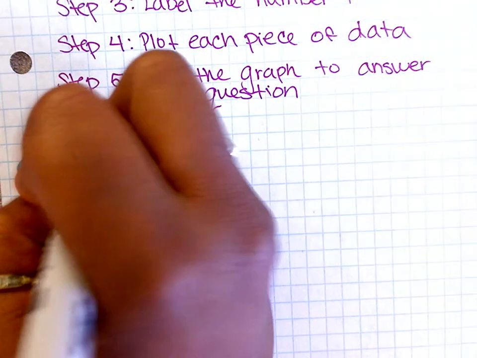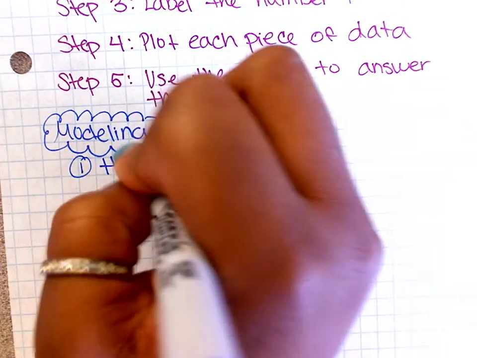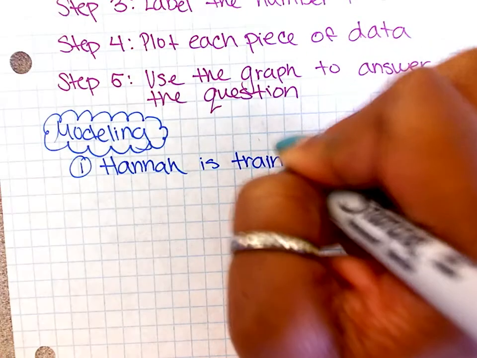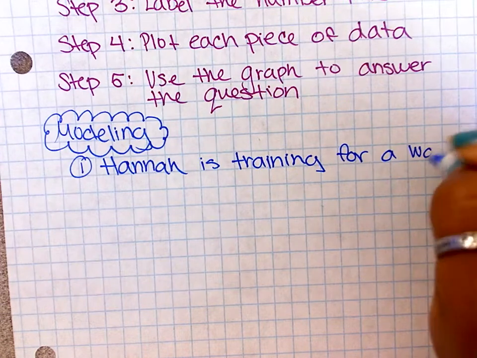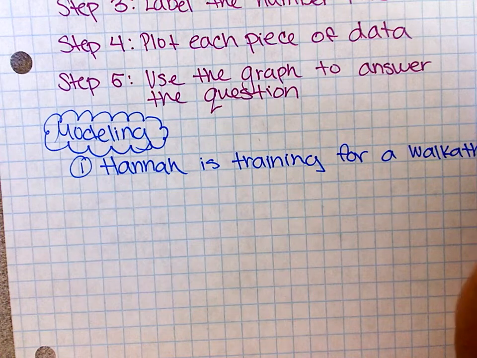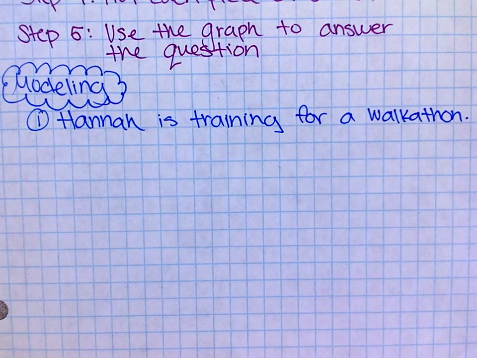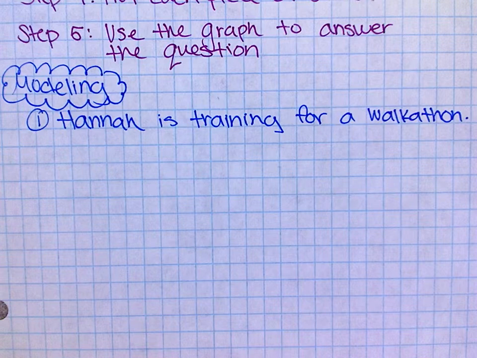Thank you, Eddie. Let's write this word problem together. Hannah is training for a walkathon. Not a jogathon like we have, a walkathon. Hannah is training for a walkathon.